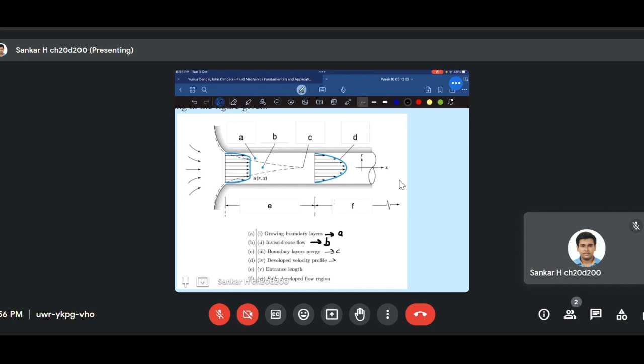It shows the characteristic of a developed velocity profile, and the entrance length that is required by the fluid to become fully developed flow is given by the entrance length, the letter E, and all the points after E that constitute F would be characteristic of a fully developed flow regime or region.